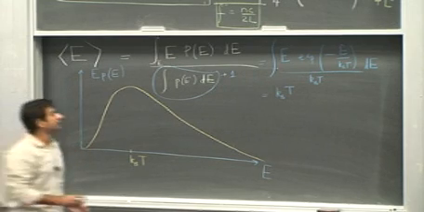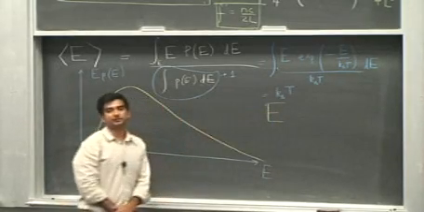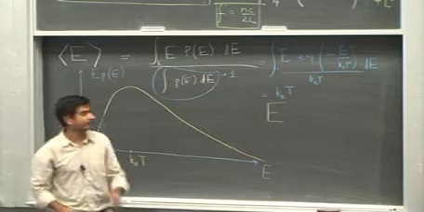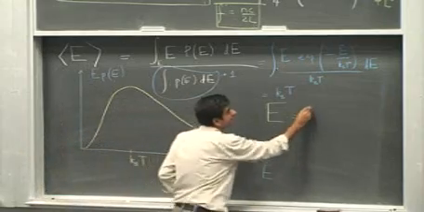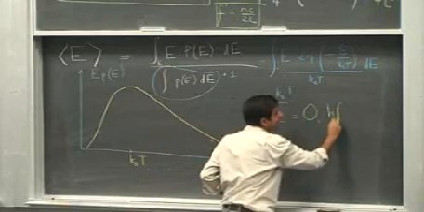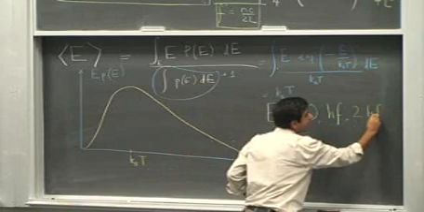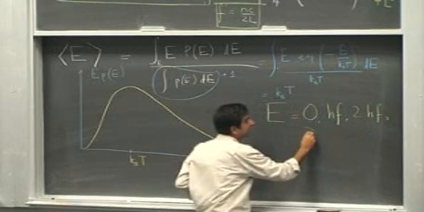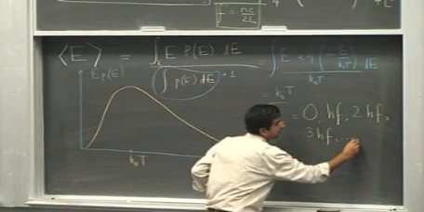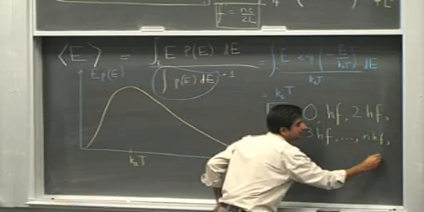Rather, the energies are quantized. That is, E can only take up certain values. E is given by 0, hf, 2hf, 3hf, and so on, up to infinity.